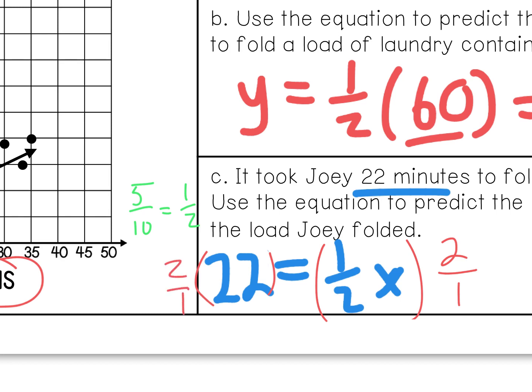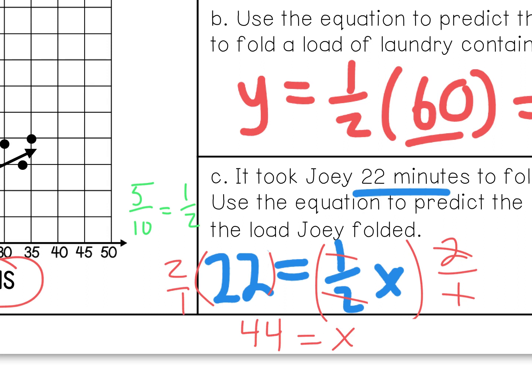Okay? So 1/2 and 2/1, they do what with each other? They cancel, and we're left with X. And then what's 2 times 22? 2 times 22 equals 44. Divided by 1 is still 44.